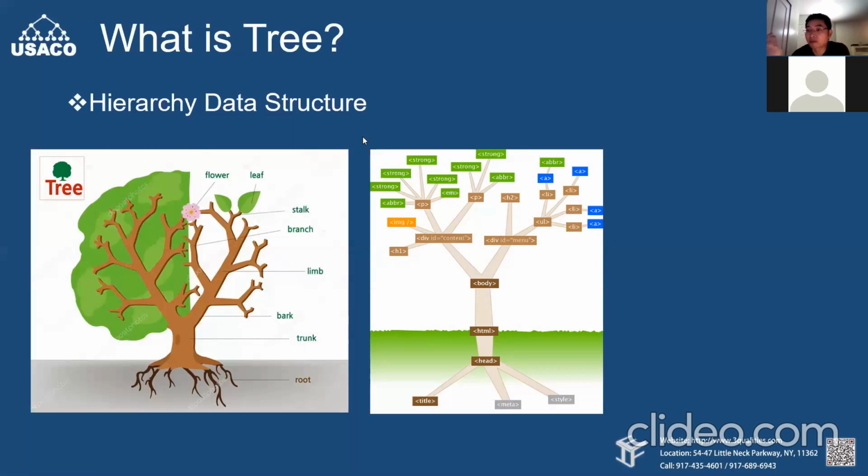And then each child tag can have another child tag. So that is also another example of a tree structure.